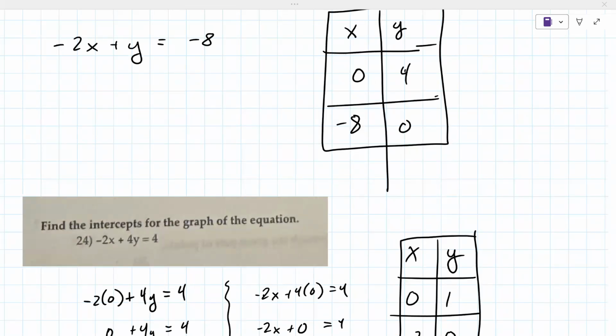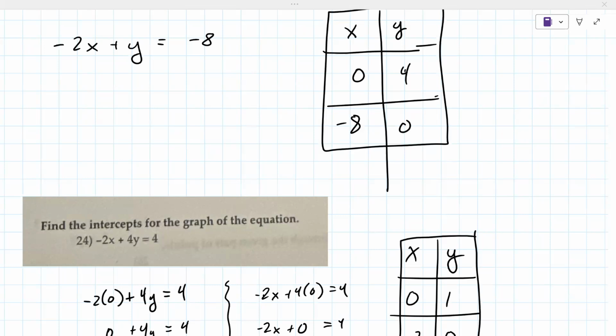The next problem I see would have been 25, and it looks like you skipped all the way to 30. Is that where you want us to start? The next page is just graphing equations. Okay, and you feel like you have that down? Yeah. Okay.